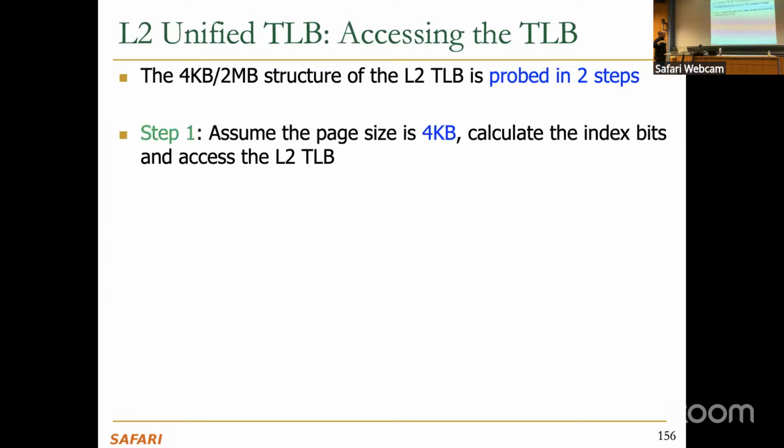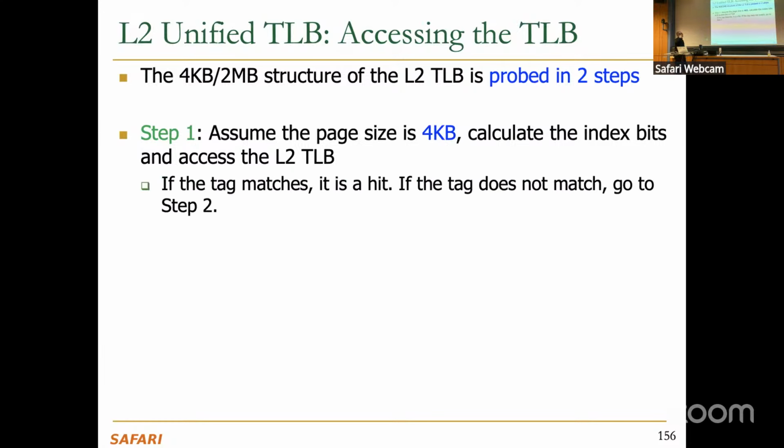And the guess is that we will probe the L2 TLB in 2 steps. We will first assume that the page size is 4 kilobytes. After we assume the page size is 4 kilobytes, we form the offset and the index. The index in this scenario is formed and we access the corresponding set of the L2 TLB. If we have a tag match, this means that the page is a 4 kilobyte page and it's a hit. But if we do not match, we go to step 2.